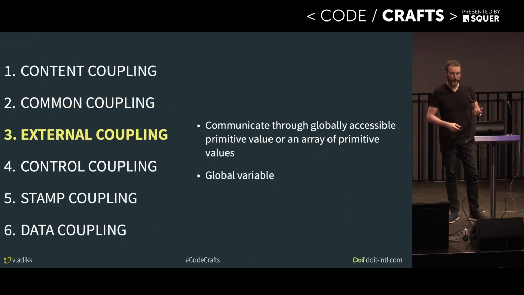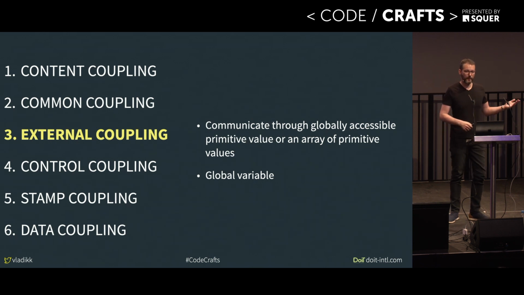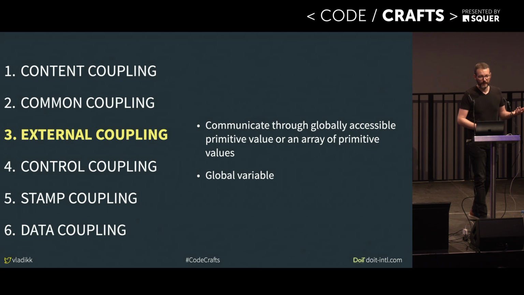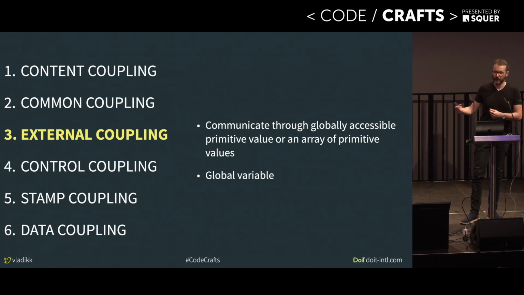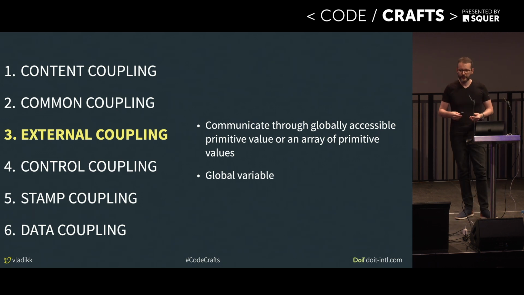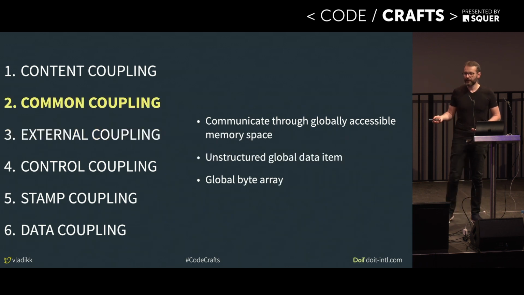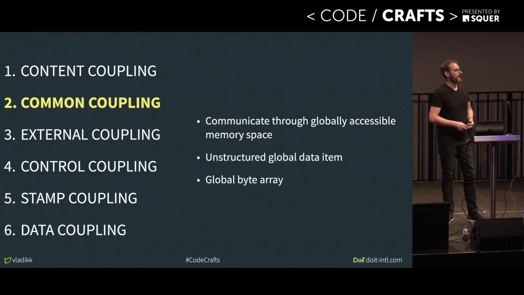A slightly lower level of interconnectedness is external coupling. It's the same shared memory space, but now we have a variable or an array of variables. So at least we have some format for data exchange. Now, if we link it to our reality, then common coupling would be, for example, two components reading and writing data to a binary file in S3.